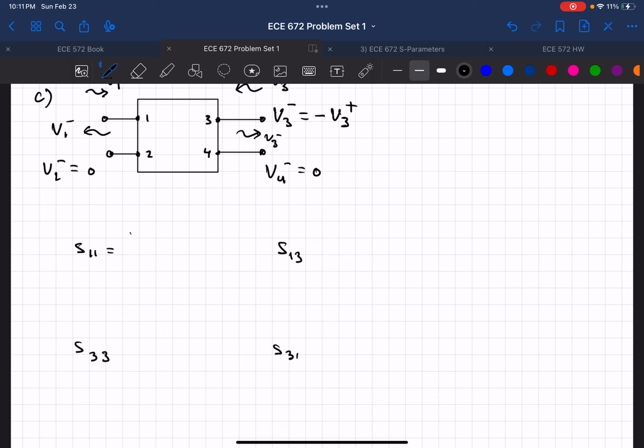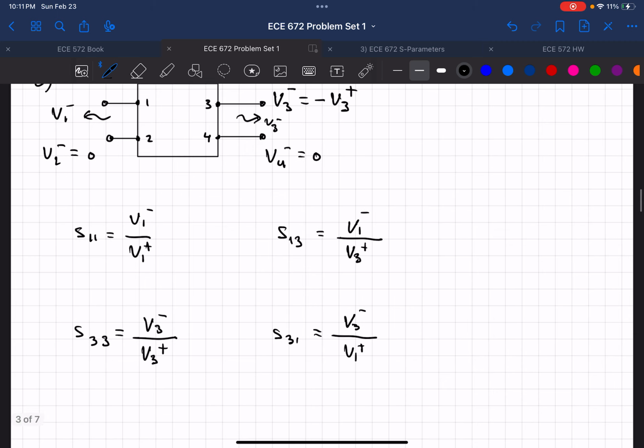This is equal to V1 minus over V1 plus. This is V3 minus over V3 plus. This is V1 minus over V3 plus. And this is V3 minus over V1 plus.